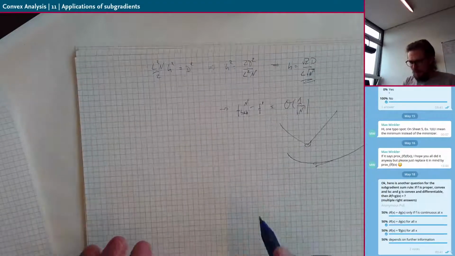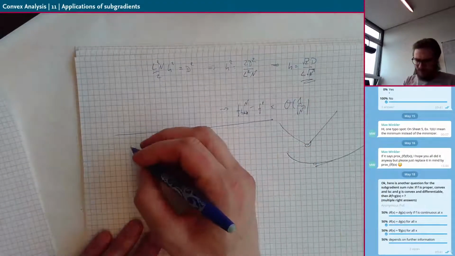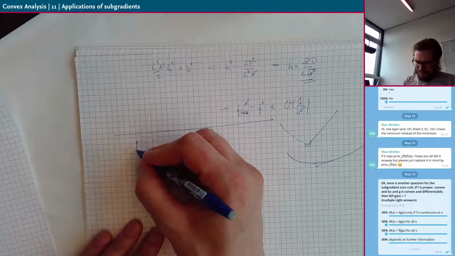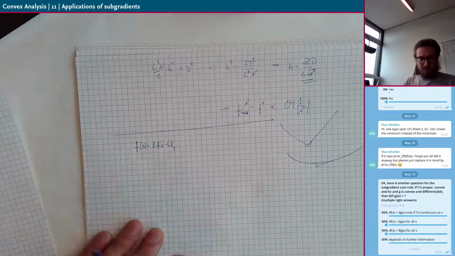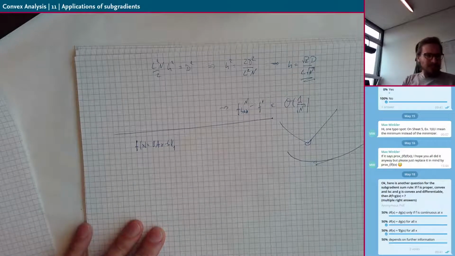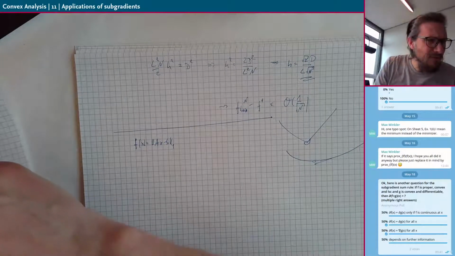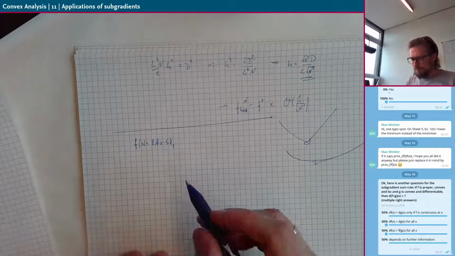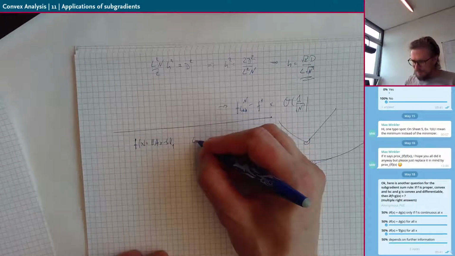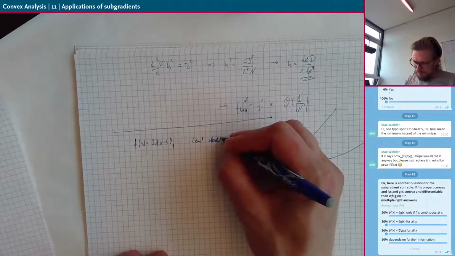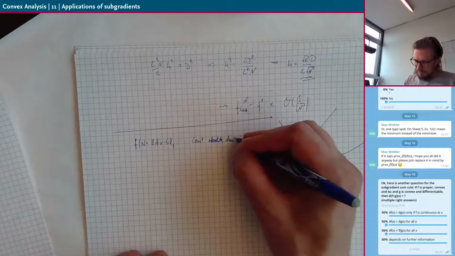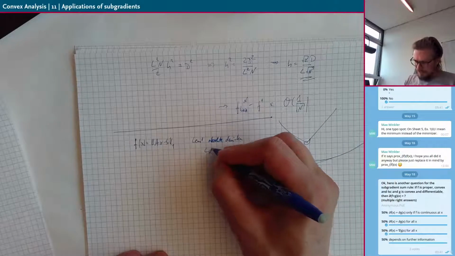Okay, so I have a numerical experiment to show you, and the numerical experiment is very, very simple. It's just f of x is the 1-norm of Ax minus b. It's called least absolute deviations, LAD.